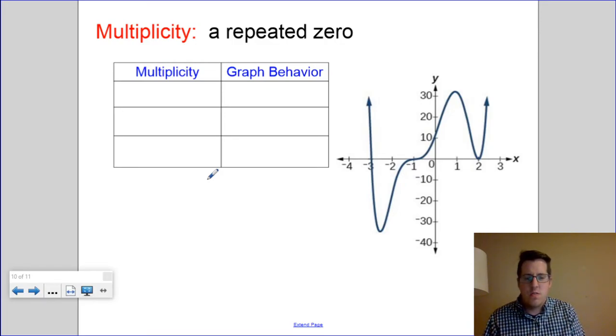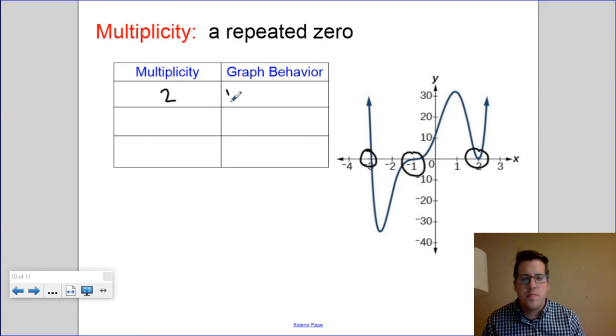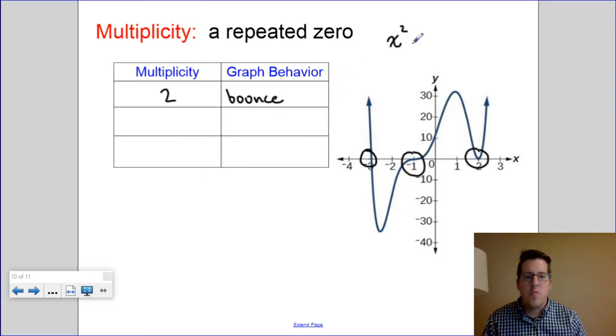You don't need to say, well, 3 works and 1 works and negative 2 works and negative 2 works. Too much. So what does it mean when something has multiplicity of 2? Well, in either case, the graph would bounce. It bounces off the x-axis, the same way that x squared bounces off the x-axis, from Algebra 1.